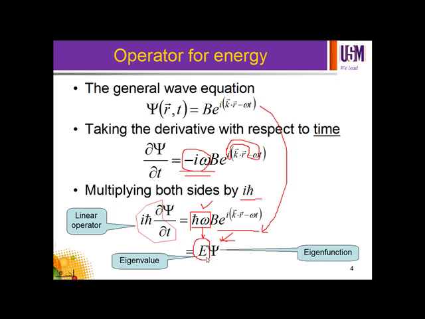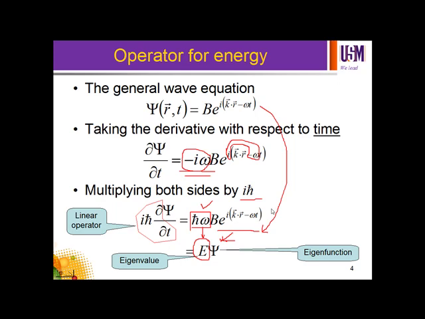So it is in the same form as when we discuss eigenvalues and eigenfunctions. From this relationship, you can see that a linear operator multiplied by eigenfunction psi equals eigenvalue multiplied by eigenfunction psi. So the term on the left hand side before the psi, i h bar delta per delta t, is considered as the linear operator for E.